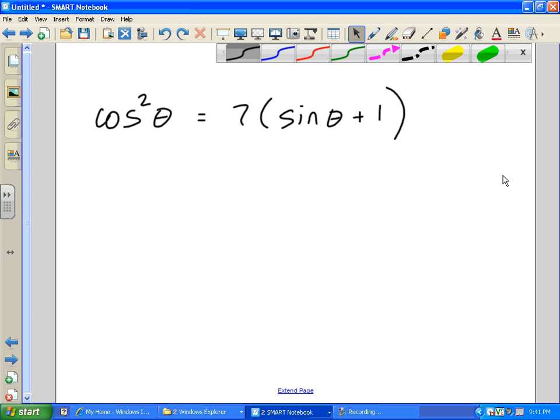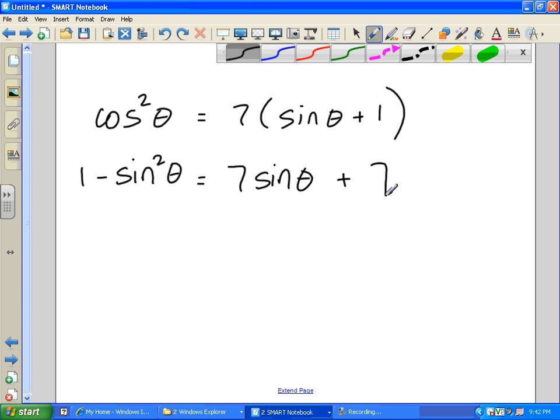So again, I'm going to make a Pythagorean substitution for that cosine squared right there. So cosine squared, according to my Pythagorean identity, should be equal to 1 minus sine squared. So I'm going to substitute right here 1 minus sine squared theta. Okay, now I'm going to distribute out the other side. So we'd have 7 sine theta plus 7.